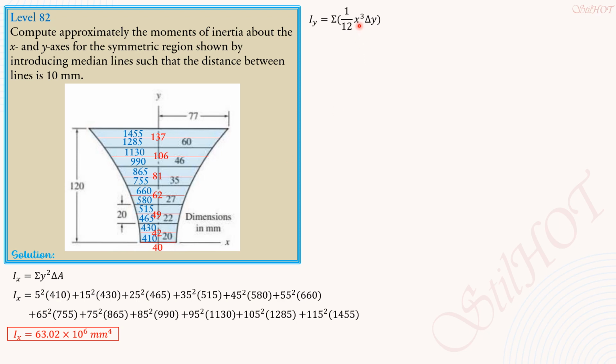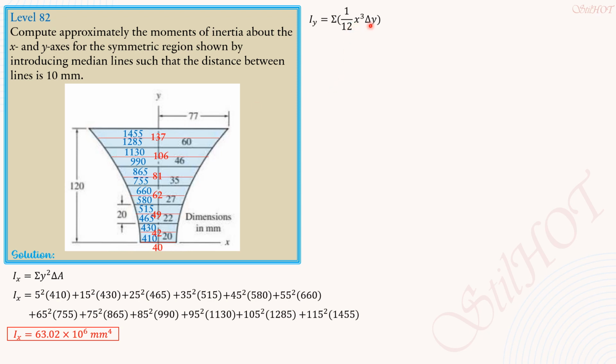So this x here will begin with the average of 40 and 42, which is 41. So 41 cube. Then the average of 42 and 44 is 43. So you just imagine that these areas are divided by 10. So the x here would be 41, 43, 46.5, 51.5, 58, 66, 75.5, 86.5, 99, 113, 128.5, and 145.5.